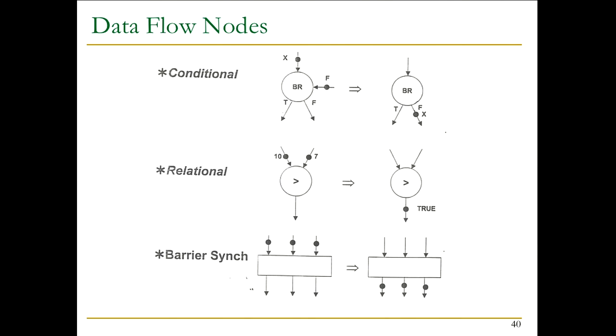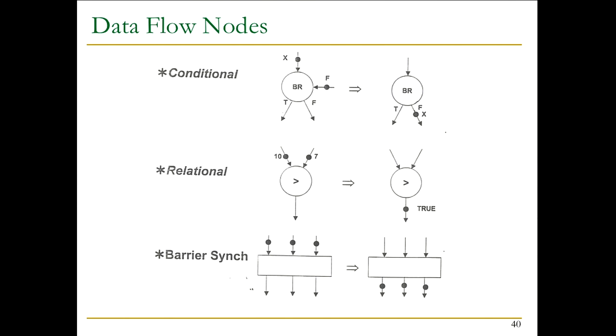When both of those arrive, you can make a choice. If the control token says take the false output, the data token goes to the false output. If the control token says take the true output, the data token goes to the true output. That's how you can branch or direct the data to the right instruction. That's essentially what branching is.